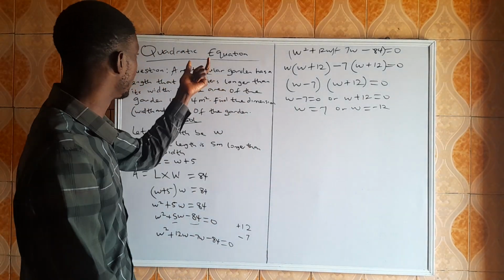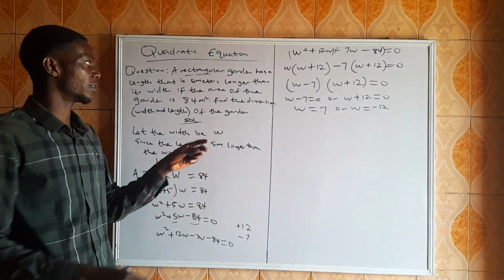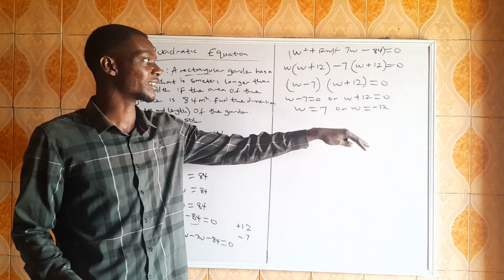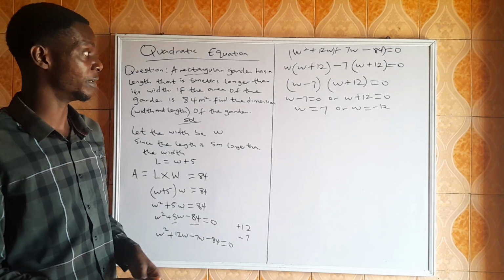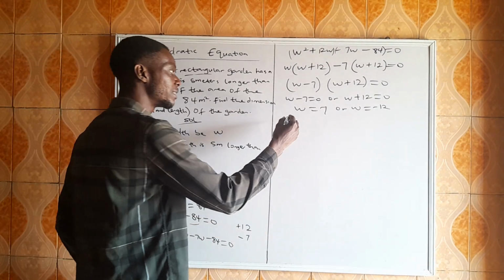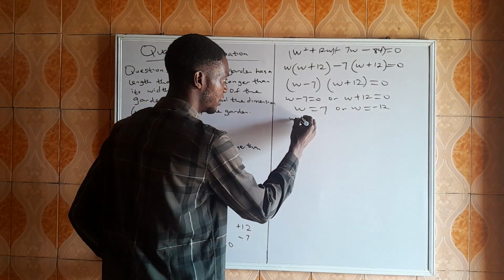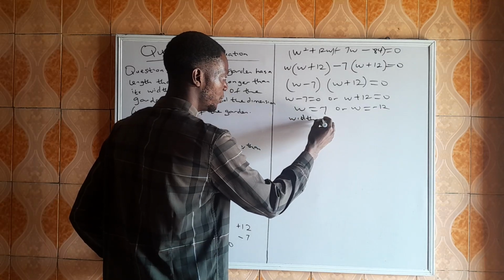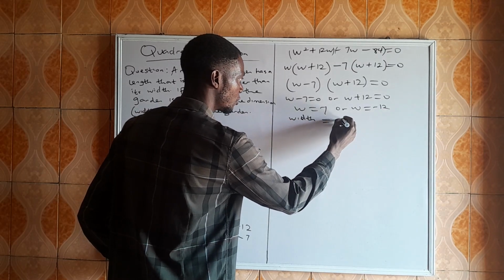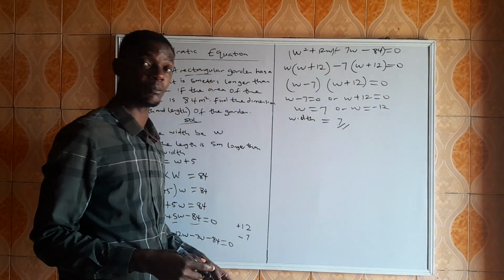Now, note, we're dealing with a garden, and length cannot be negative. So the width, which is W, will be equal to 7. It can't be minus 12.